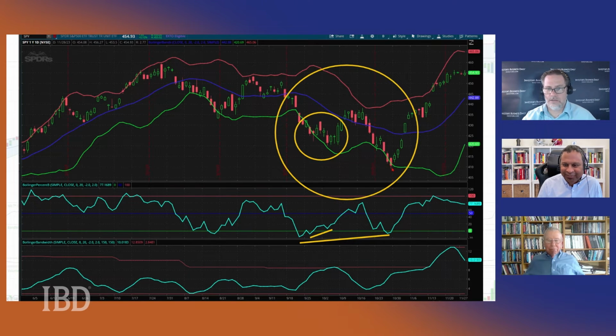And so again, what you're really looking at here is that divergence where the new low is happening, but you're not getting that confirmation of a new low on the percent B. And so you just look for that reversal again, right? Exactly. Okay, great. And we wait for the reversal because when we just have the new low, we wait for confirmation.